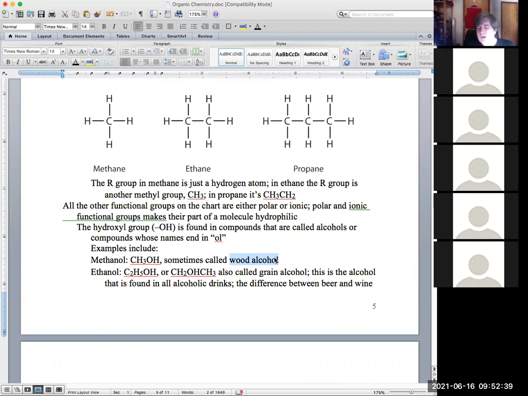Now, methanol is why it's illegal to make alcohol at home in a still and then sell that alcohol, because methanol is deadly poisonous. Regular drinking alcohol can kill you, but just a little bit of methanol will kill you. Methanol gets made if you have your homemade still in your garage or your basement, or if you live out in the backwoods on the back 40 as a moonshiner.